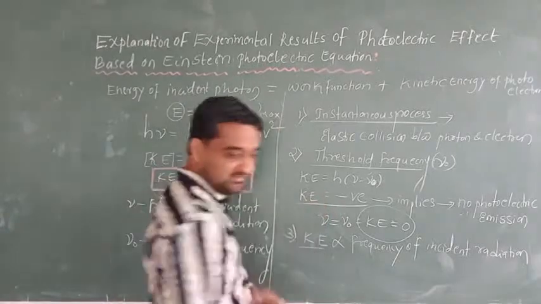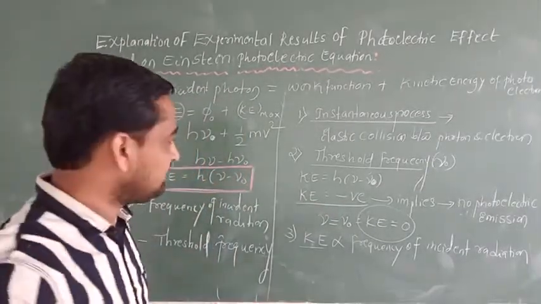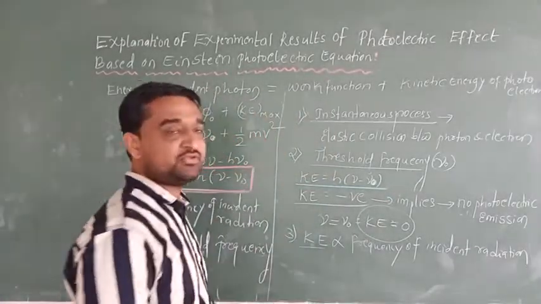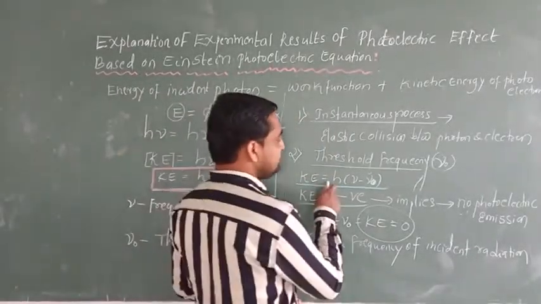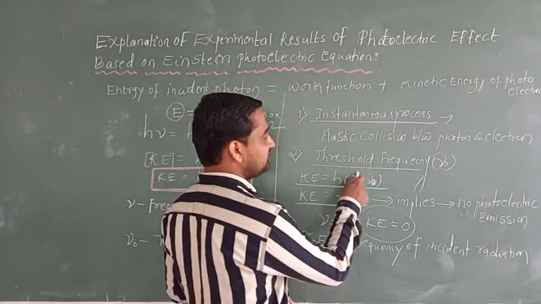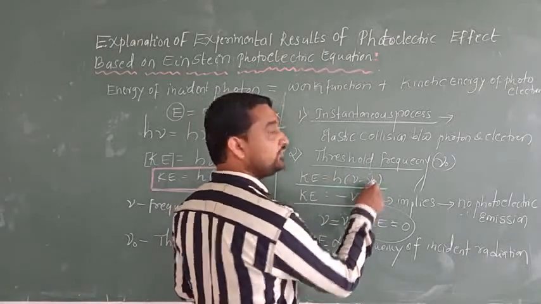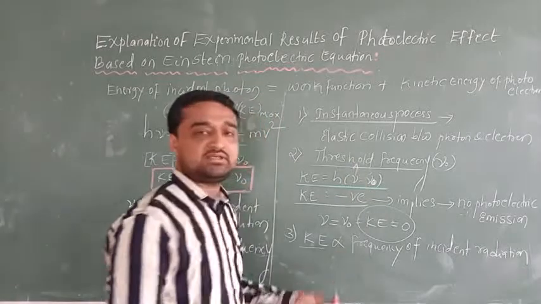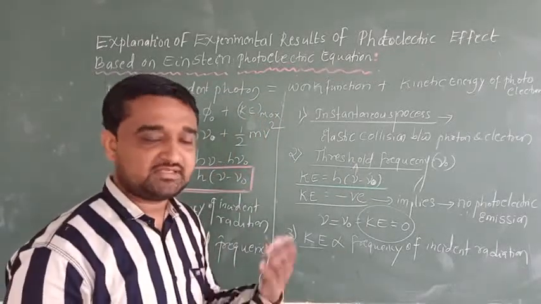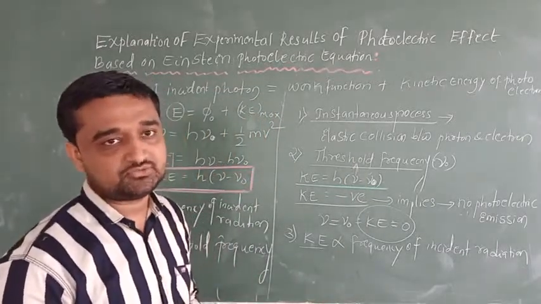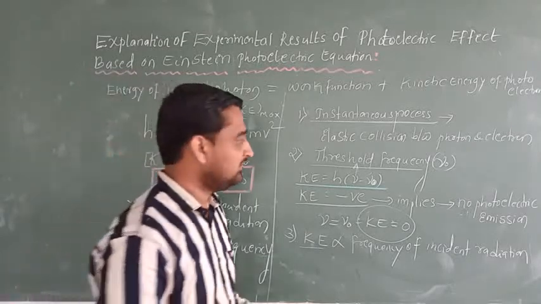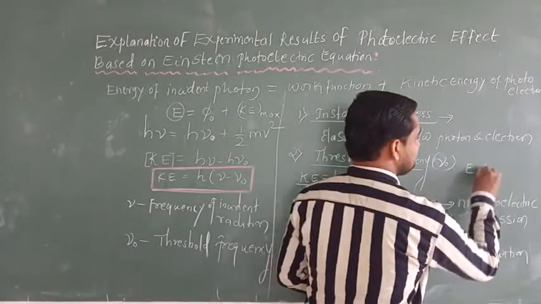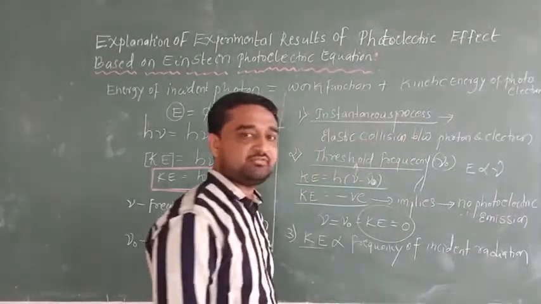So what does it mean? Again you can refer to this equation here. The kinetic energy is equal to h into nu minus nu naught, right? As nu naught is constant, as this nu value goes on increasing, the kinetic energy of the photoelectrons also goes on increasing.